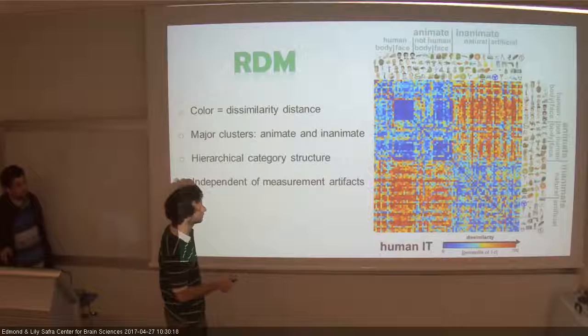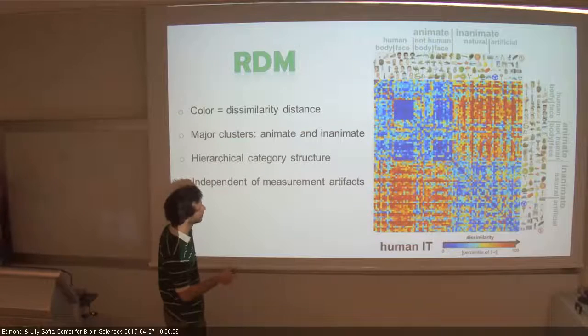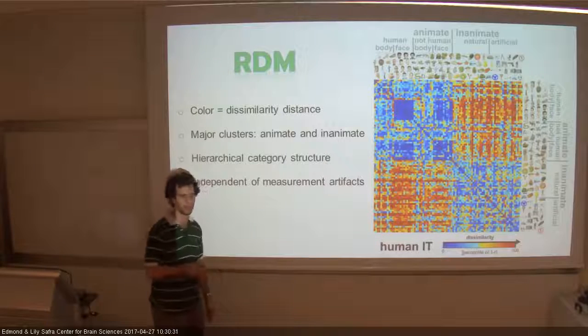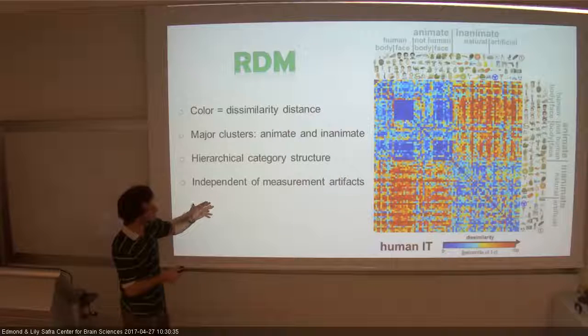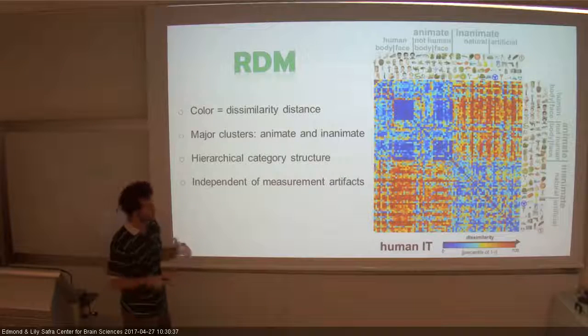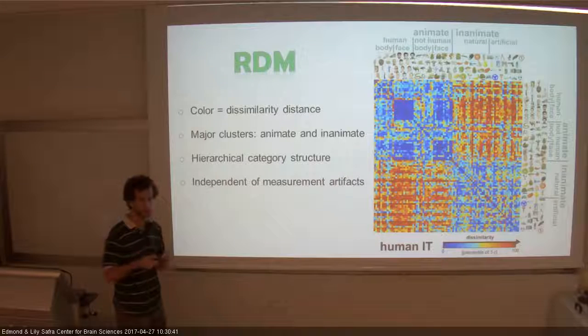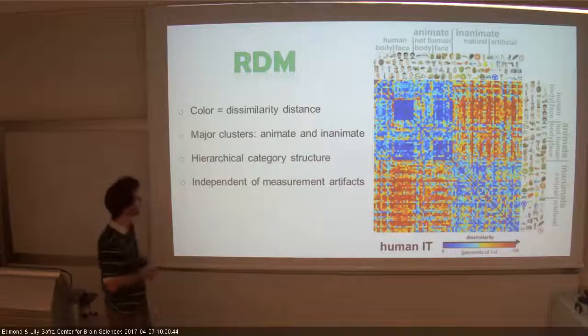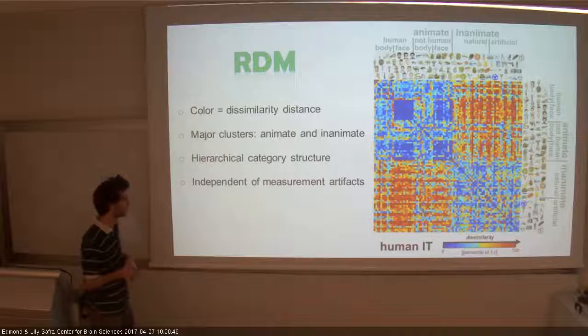You can also see this square here, which corresponds to similarity between animal faces. And there is a square here, which means that both human faces and animal faces were still quite similar. Since these squares are inside the big animate cluster, they give a hint about the possibility of subclustering, subcategorization, or a hierarchical structure in there.